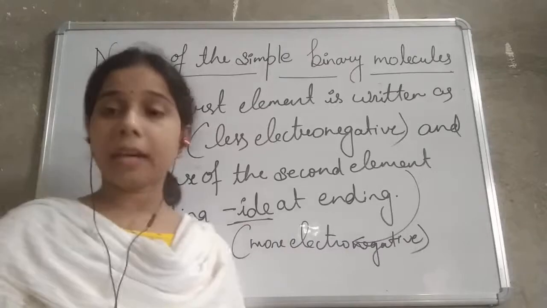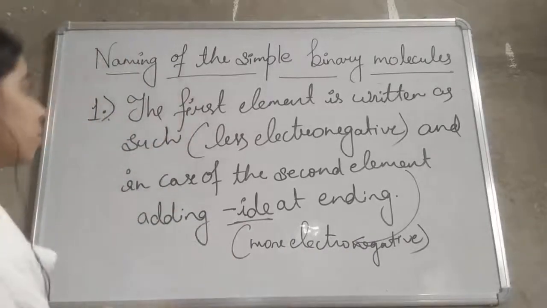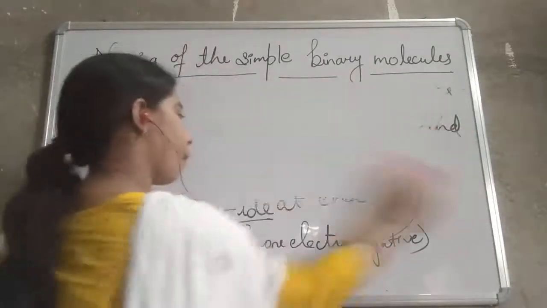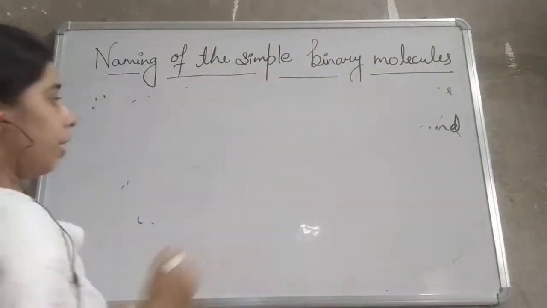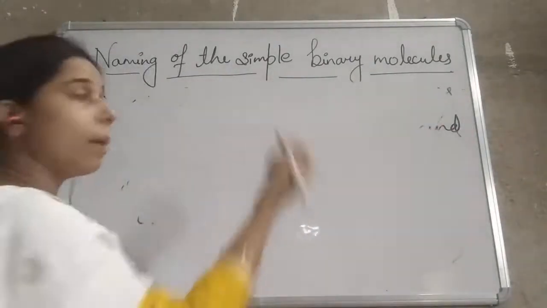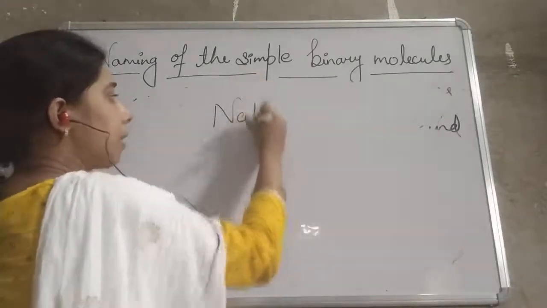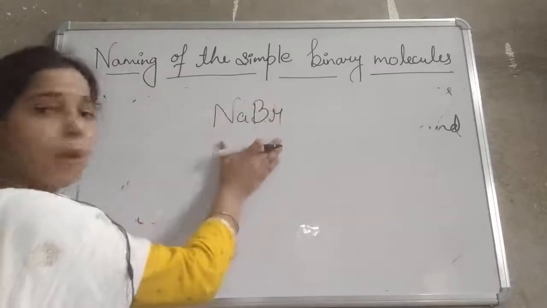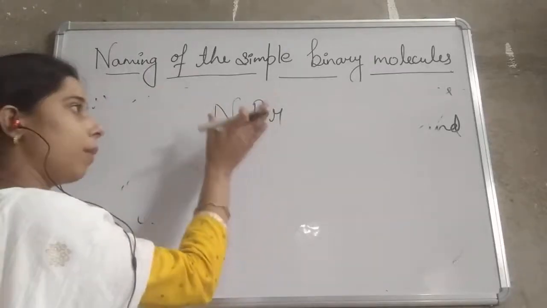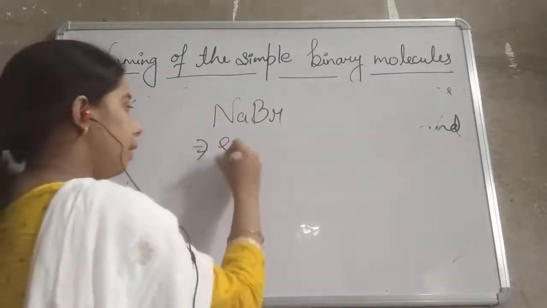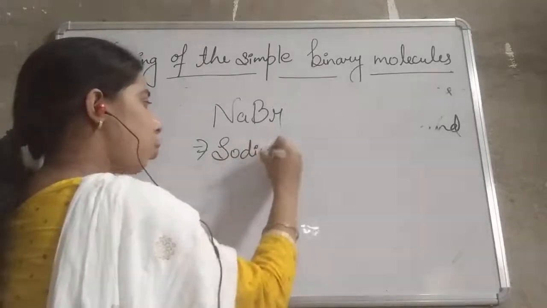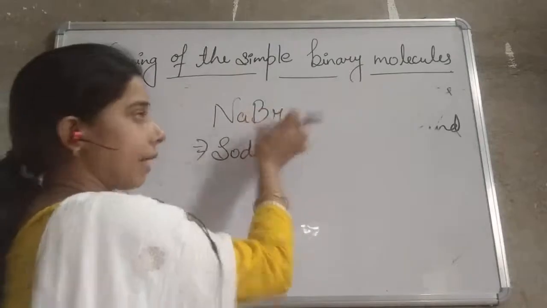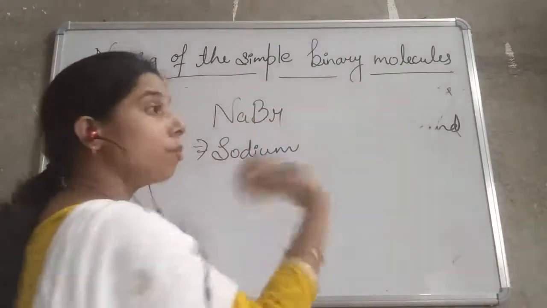Okay, we can understand this like, suppose sodium bromide, NaBr, is given to you. How will you give the name of this compound? Here it will be sodium. Sodium is the first one, which is less electronegative, and the second one is bromine, which is more electronegative.